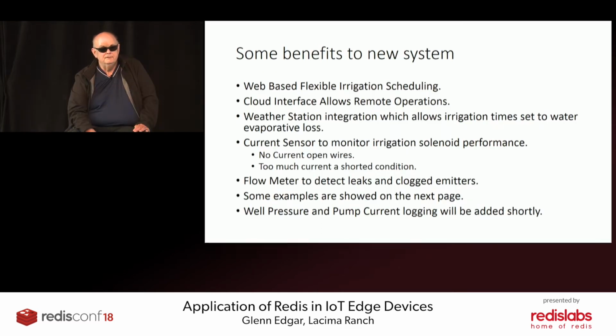Some of the benefits of the new system: it's a web-based flexible irrigation controller. I have current sensors for detecting open wires and shorted wires, flow meters to detect leaks, and weather stations to set the irrigation times to match the actual evaporative loss.